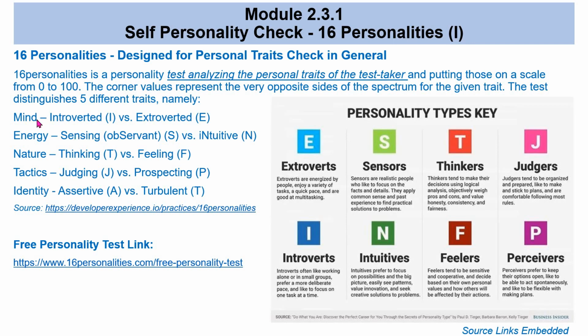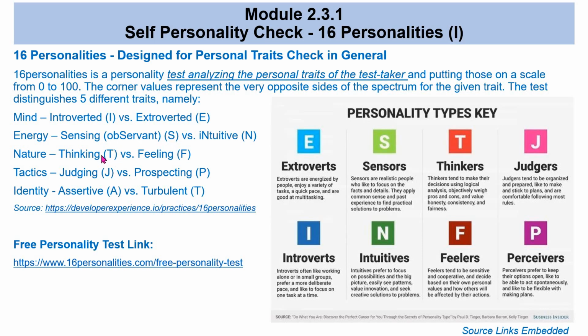The first trait is mind, which looks at introverted or extroverted, and is represented with the letters I and E. The second trait is energy, which looks at sensing or being observant, and intuitiveness, which is represented by N. Of course, sensing or observant is represented by S.